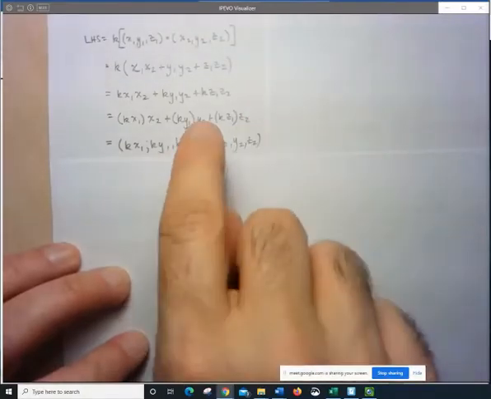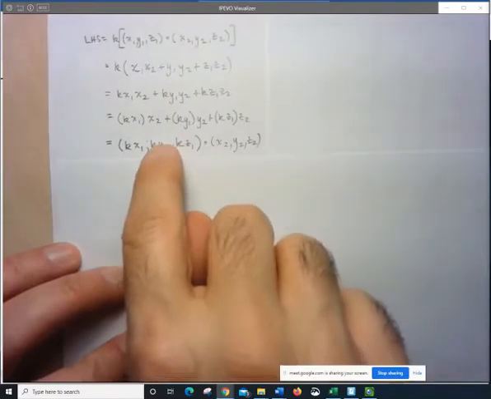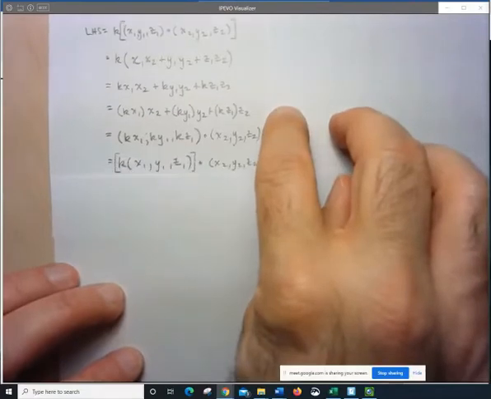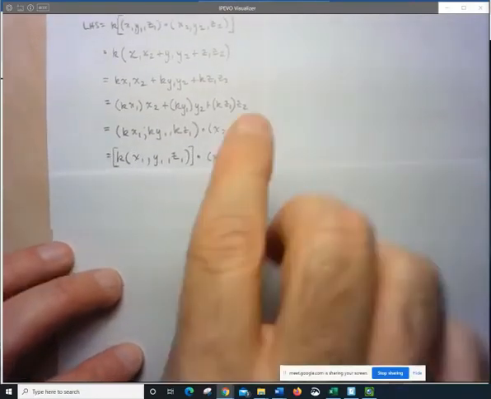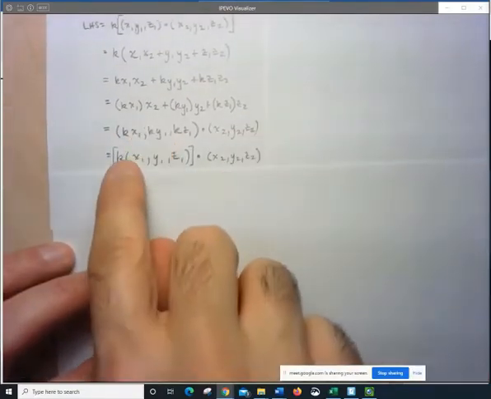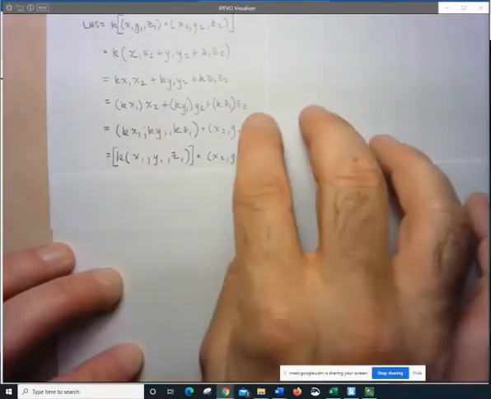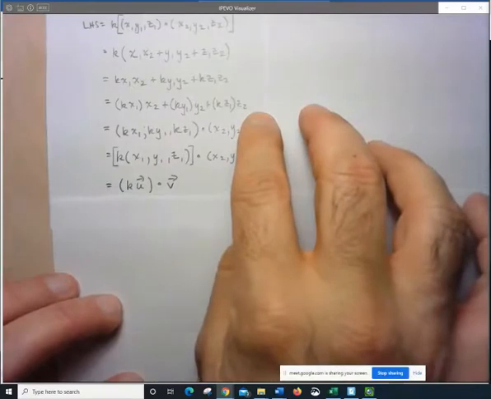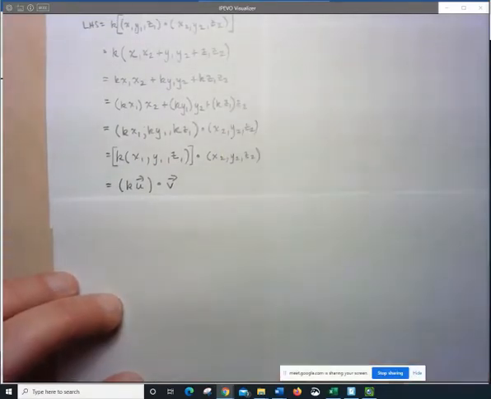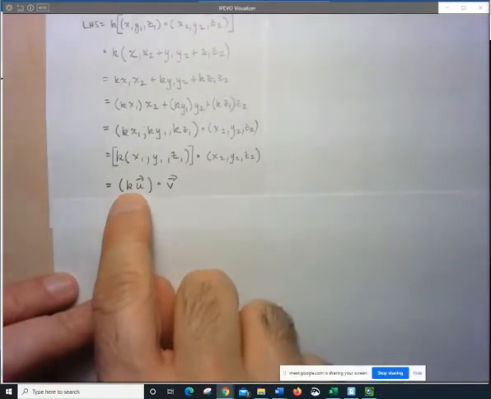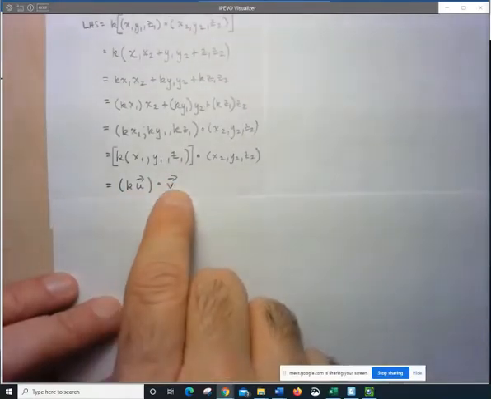But then what can I do here? I can go backwards again and take out that scalar multiple, and write this first vector as k times (x1, y1, z1). And lo and behold, I have exactly what I wanted to show: that I can first multiply u by the scalar multiple k and then take the dot product with v.